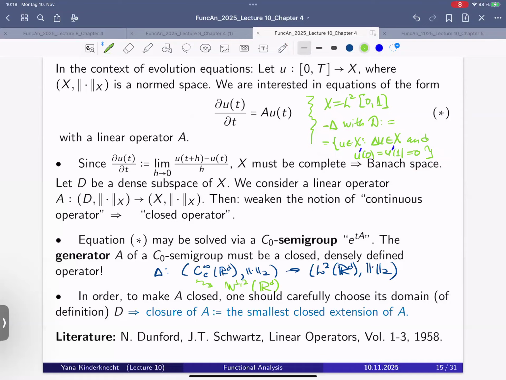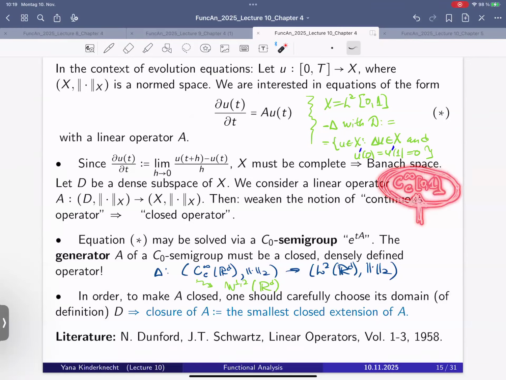It does not matter for this discussion, but nevertheless, the same formula but different domains lead to different operators with different eigenvalues, eigenvectors, etc. So if we start, for example, with the Laplacian with domain of definition consisting of functions which are infinitely differentiable with compact support in this interval, then both Dirichlet and Neumann boundary conditions are satisfied on this set.